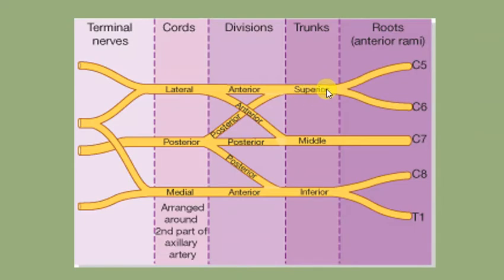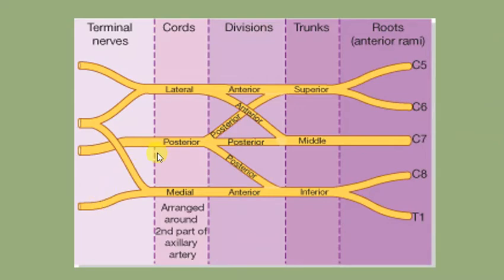Unaweza kuona upper trunk ilipelekea posterior, then upper trunk ikapelekea lateral. Huyu hapa anadivide kwenda kwenye nerves zile pale. Huyu hapa kwenda naye huyu posterior anadivide kwenda kwenye nerve mbili. Kwa hiyo unaweza kuona upper trunk au superior trunk itaaffect kiasi gani? Unaona, it affects almost all nerves except this one.